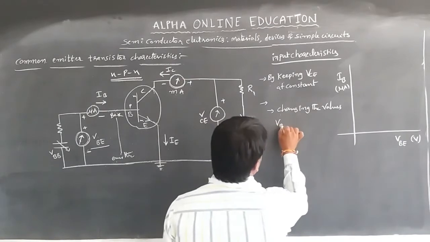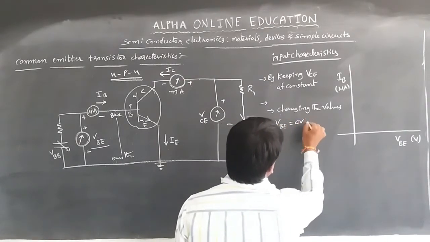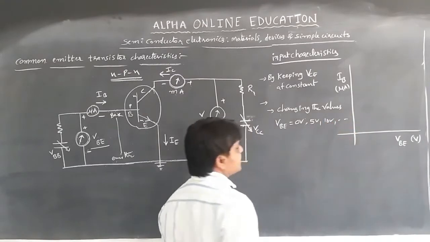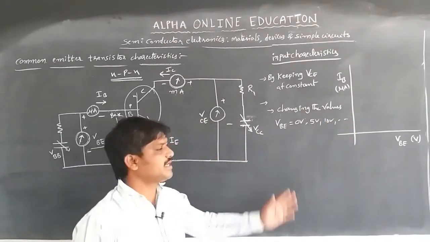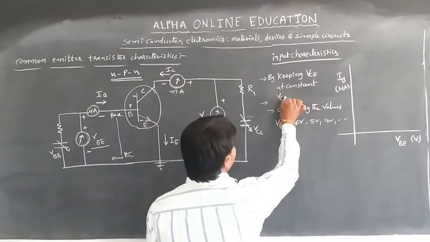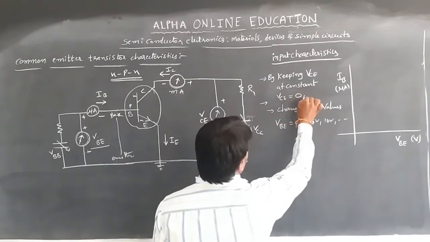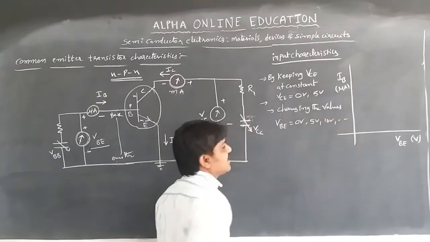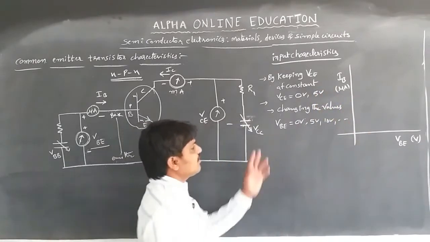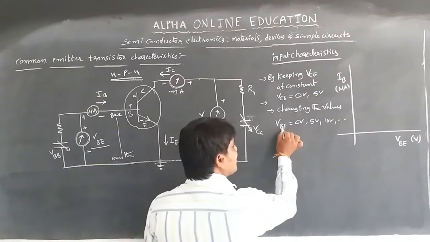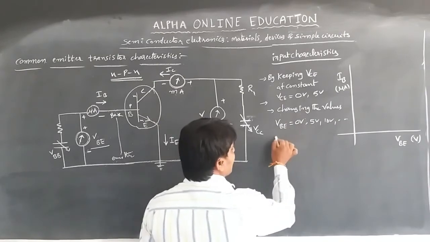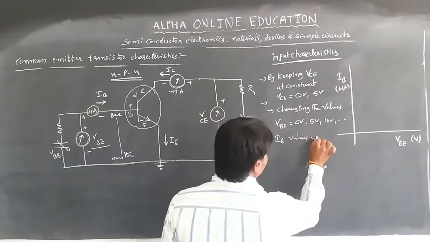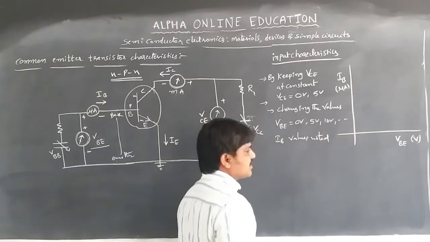VBE is equal to 0 volts, 5 volts, 10 volts, like that. By changing the values of VBE, whenever VCE is constant, either 0 volts or 5 volts, we note the base current IB values as the input voltage changes.